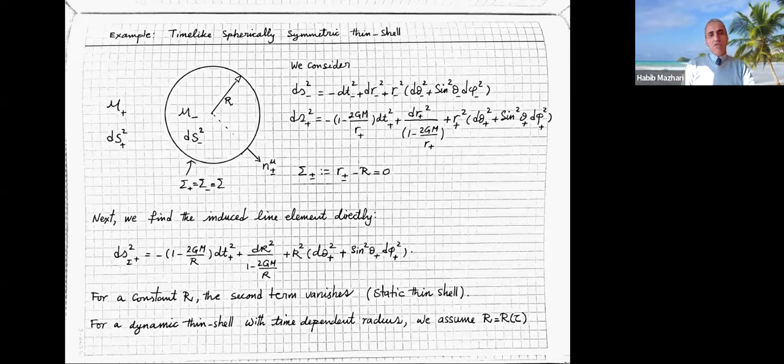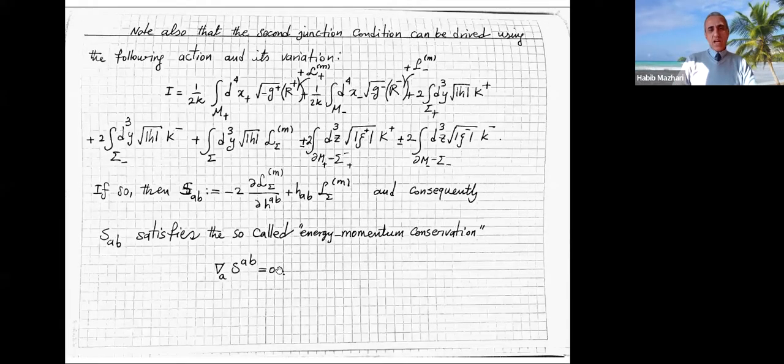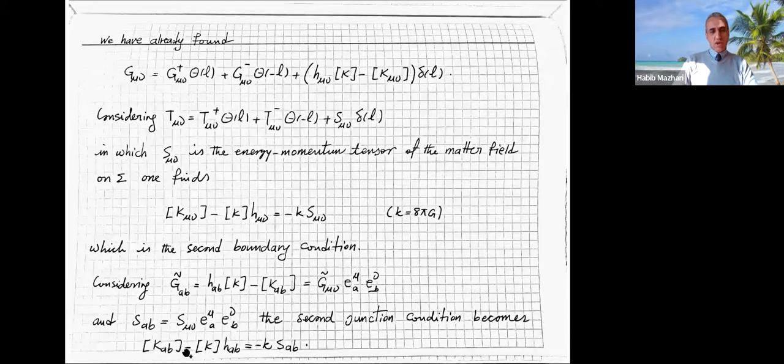And then we came across two conditions. One is called the first junction condition, which means the first fundamental form of the thin shell should be continuous. And the second is the second fundamental form, or extrinsic curvature, which is not going to be continuous, and it satisfies a certain equation.